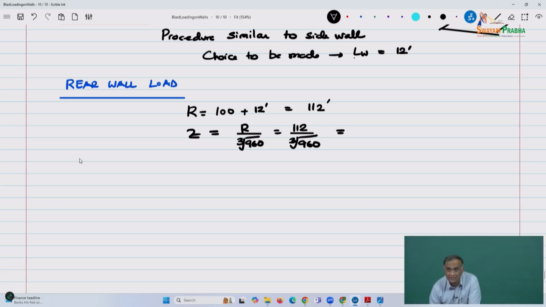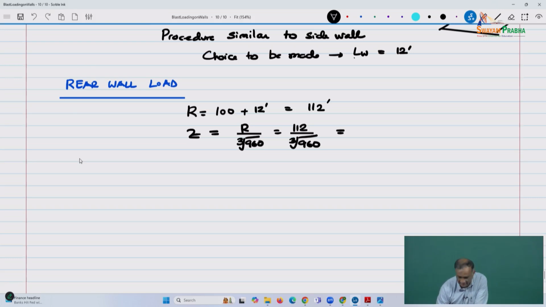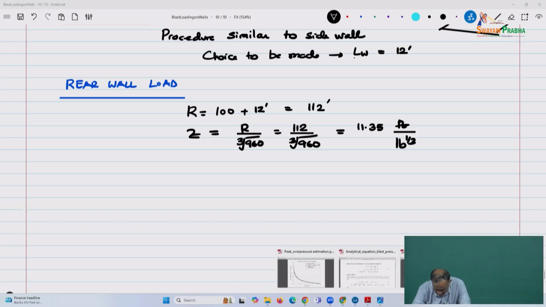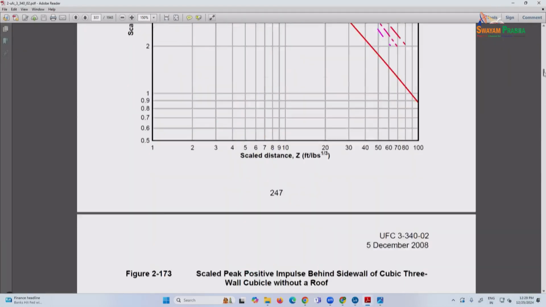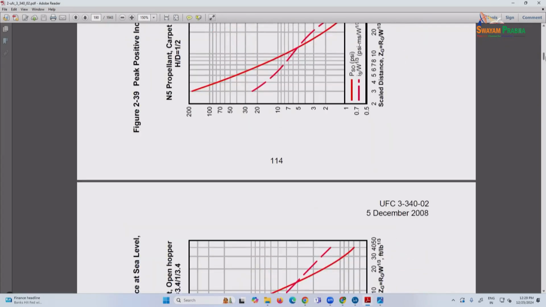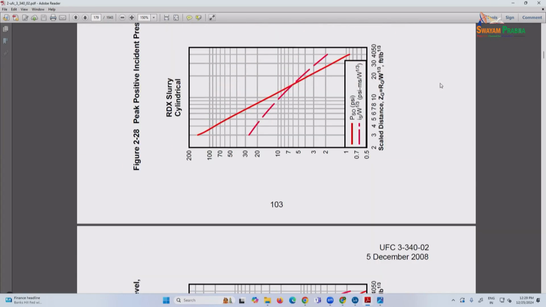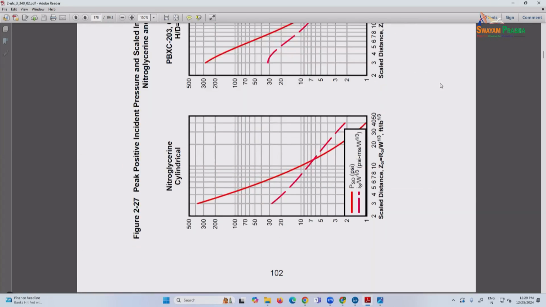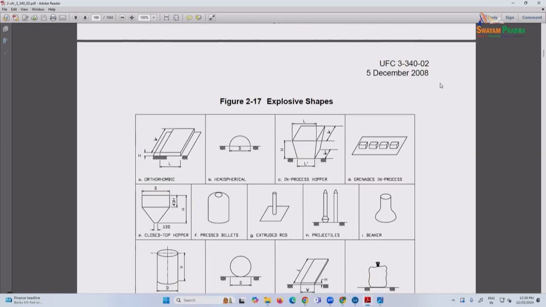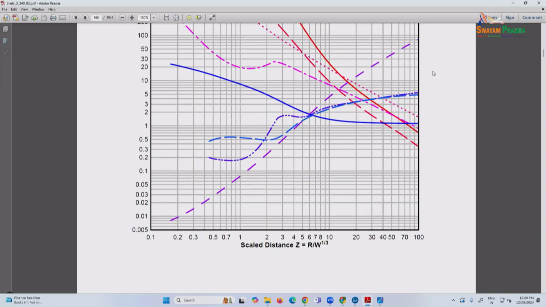So, how much? 11.35. So, going back to our parameters, keep some numbers in mind.